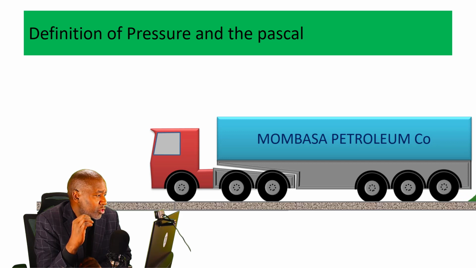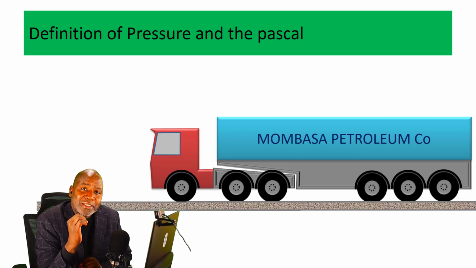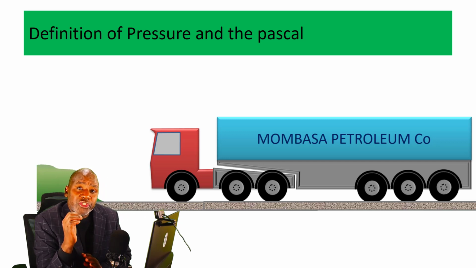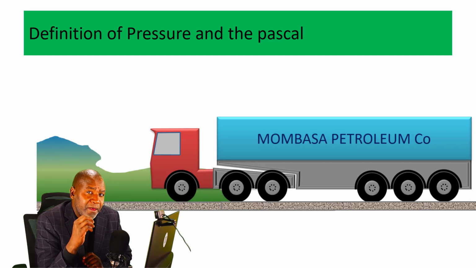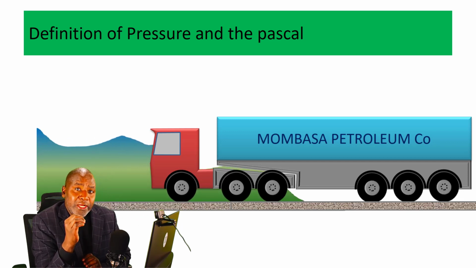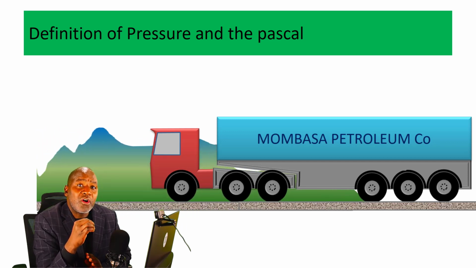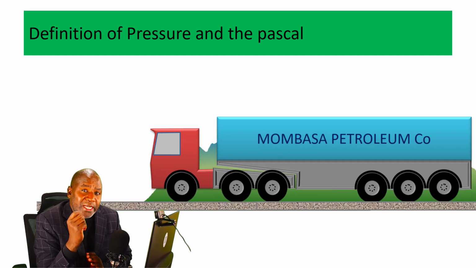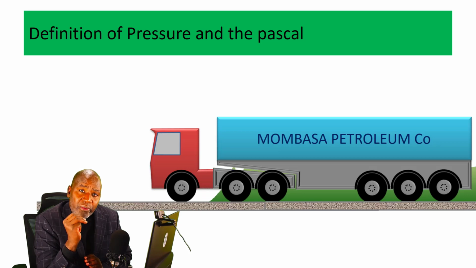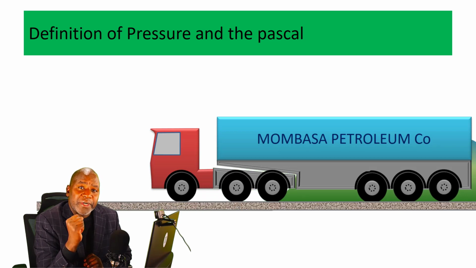So studying this topic will enable us to understand these situations in our everyday life. Once we understand them, then we are able to design new situations which make use of the same concept. So basically put, that is the reason why we would want to study pressure.